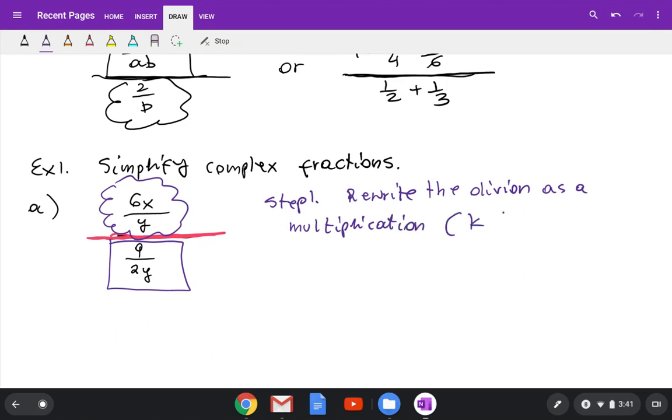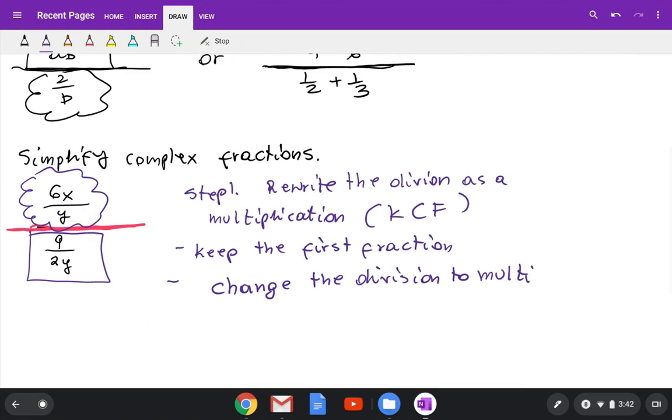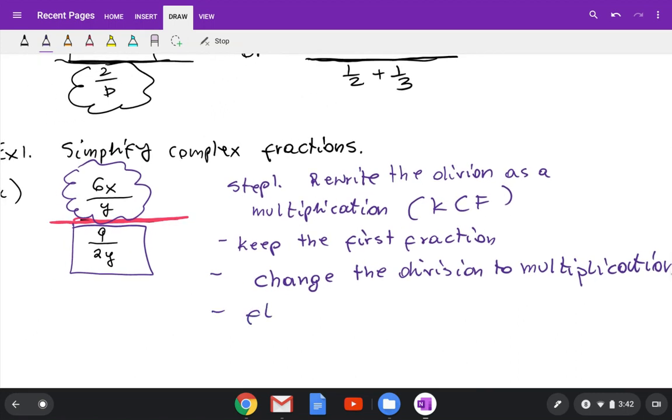That's where I'm going to talk about keep, change, flip, which means keep the first fraction, C stands for change the division, which is the pink fraction bar, to multiplication, F stands for flip the bottom fraction, which technically means multiply by the reciprocal.